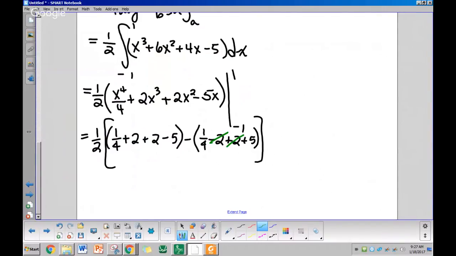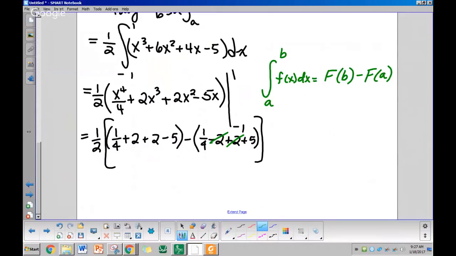Does the second set of numbers have to be led by another negative? Yes, because what does the fundamental theorem of calculus state? It states this is equal to the antiderivative evaluated at b minus the antiderivative evaluated at a. But since a also has a negative, you put another negative there.